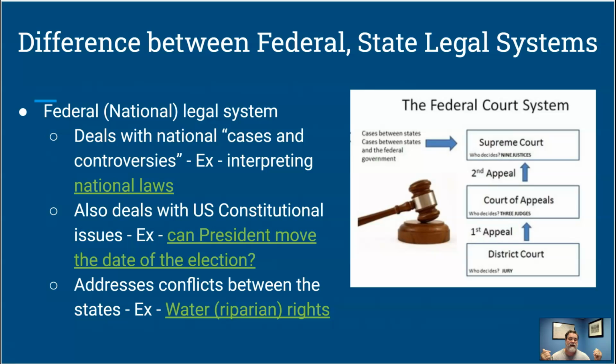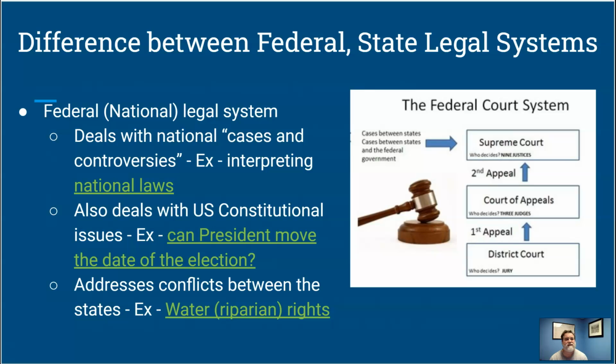So a case that interprets a national law would be subject to national courts, and of course the legislature makes those laws. Constitutional issues, too: the U.S. Constitution might be an issue in a particular case.